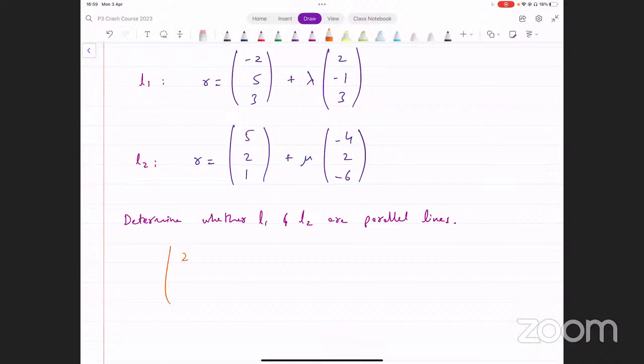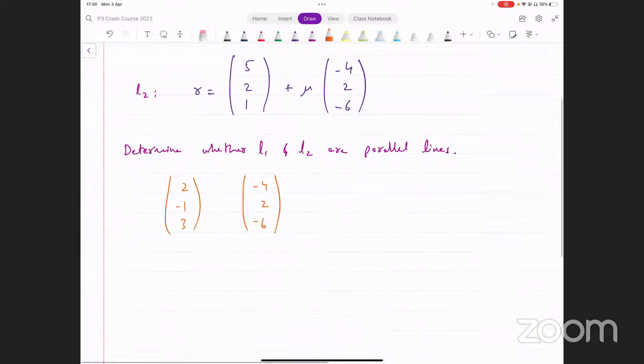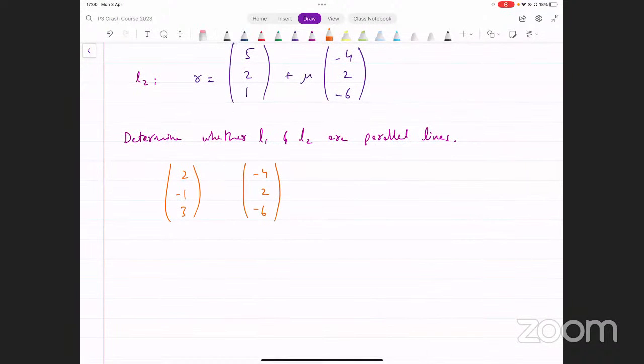So what is the direction of line one? That's 2, -1, 3. Direction of the second line is -4, 2, and -6. We need to determine whether these lines are parallel. We can just divide their corresponding components. 2 over -4 gives us -1 over 2. -1 over 2 is also -1 over 2. And 3 over -6 also gives us -1 over 2.